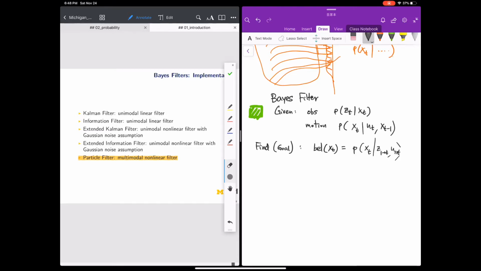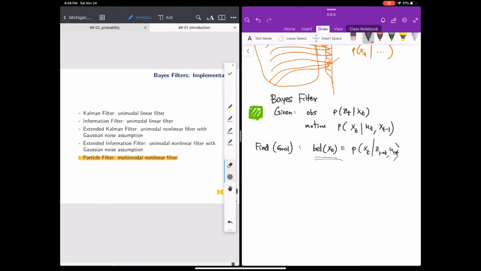So first of all, if we want to solve this, intuitively, we want something that is a recursive relationship. So a recursive relation would be, well, xt is a function of xt minus 1.